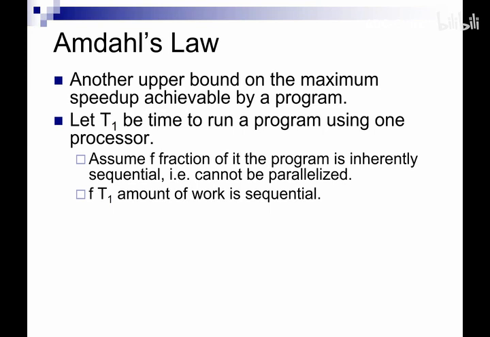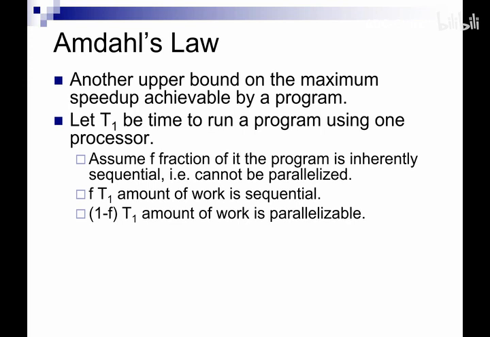Since T1 is your overall running time, and you have an f fraction which is sequential, the total amount of sequential work is going to be f times T1. The remaining work in the program, everything that's not sequential, we're going to assume is perfectly parallelizable. So the remaining work is going to be 1 minus f, the sequential fraction, times T1, and we assume that work is completely parallelizable.